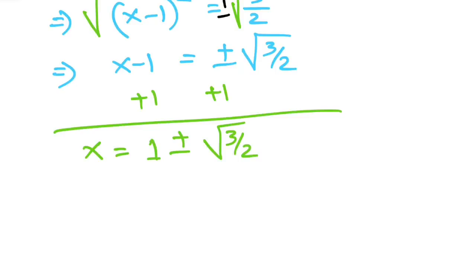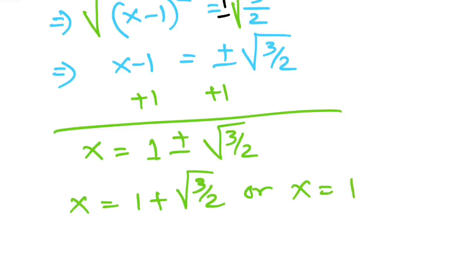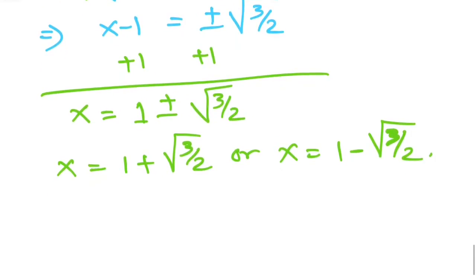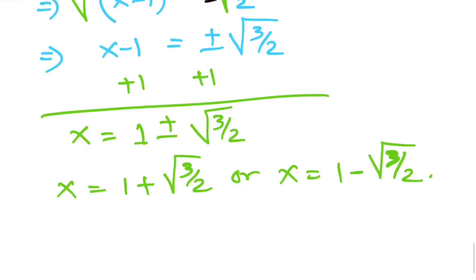Okay, so x will be equal to 1 plus minus square root of 3 over 2. What does it mean? It means x is either equal to 1 plus square root of 3 over 2, or x is equal to 1 minus square root of 3 over 2.